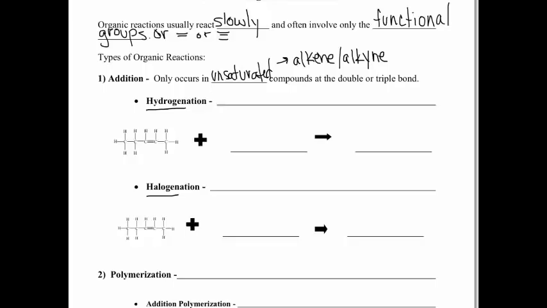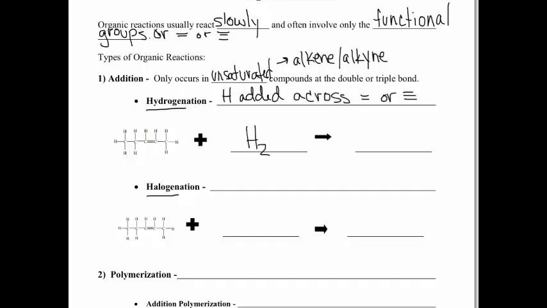What's special about this is that it happens across a double or a triple bond. So in hydrogenation, you have hydrogen added across a double or a triple bond. When we look here at our 2-pentene, it's this double bond that's actually going to break when we add hydrogen to it.